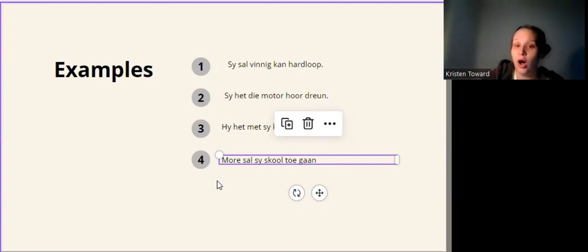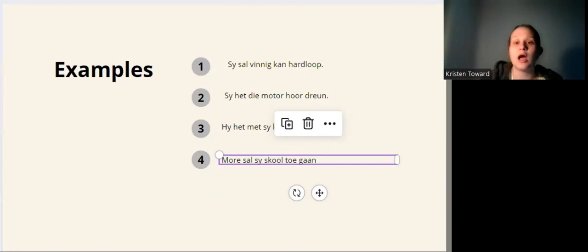So we say vandag gaan sy skool toe. So we change our word indicating if it's today, tomorrow, or whatever, to today. And we take our verb 1 back to the place of sal. So that is our tenses.